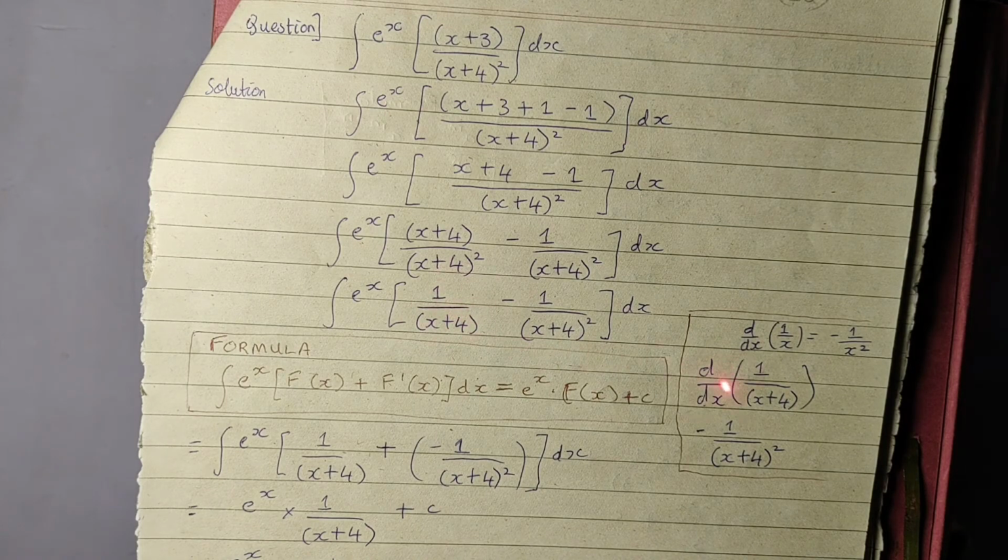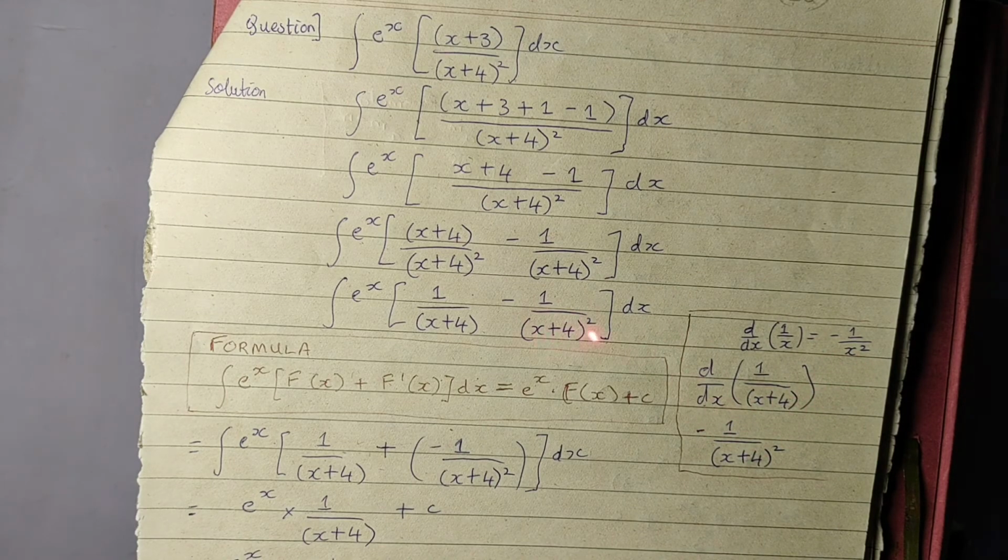If you take d by dx of this first term, the derivative of this first term, you are already aware, we have already done that, d by dx of 1 by x is equal to minus 1 by x square. So the derivative of the first term, according to this formula, you will get minus 1 by x square.